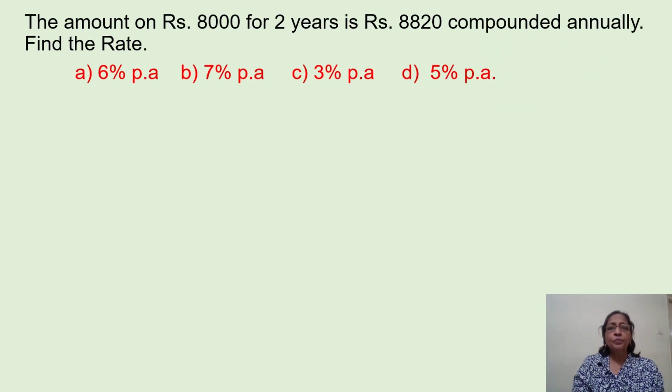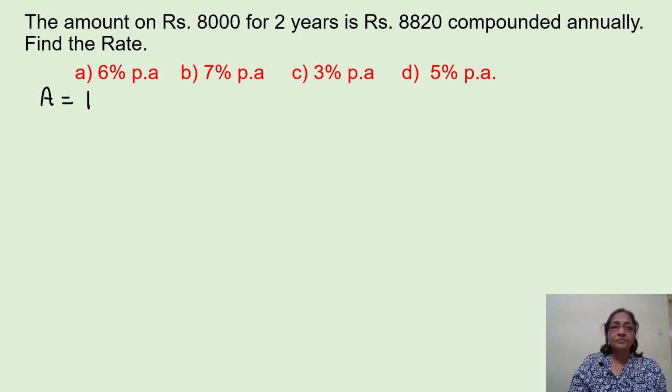The amount on rupees 8,000 for 2 years is rupees 8,820 compounded annually. Find the rate percent. Now, there are 2-3 methods how to do this. So I will first show you by the formula method. We have a formula.